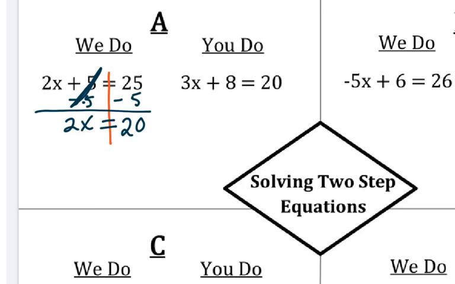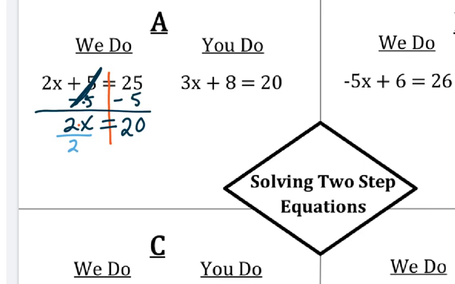So now our x is almost by itself, but this coefficient is in its way. So we need to get rid of that number. So the left side says 2 times x. So as we did on the first page, to get x by itself, we need to divide by 2.